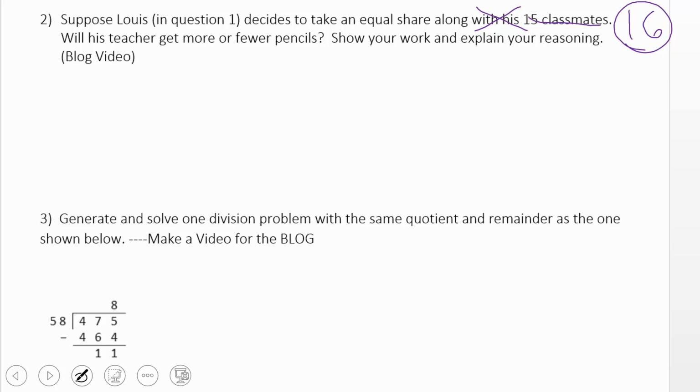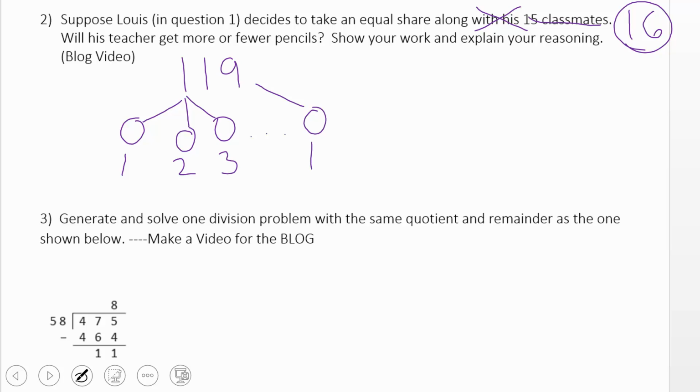So I could think about this without doing the division problem and just explain my answer. I could think to myself, okay, if I started with 119 pencils and I split them, at first I only split them to share with 15 people. So let's pretend that's 15 groups. So that's one student, two students, three students, and then I shared it with 15.